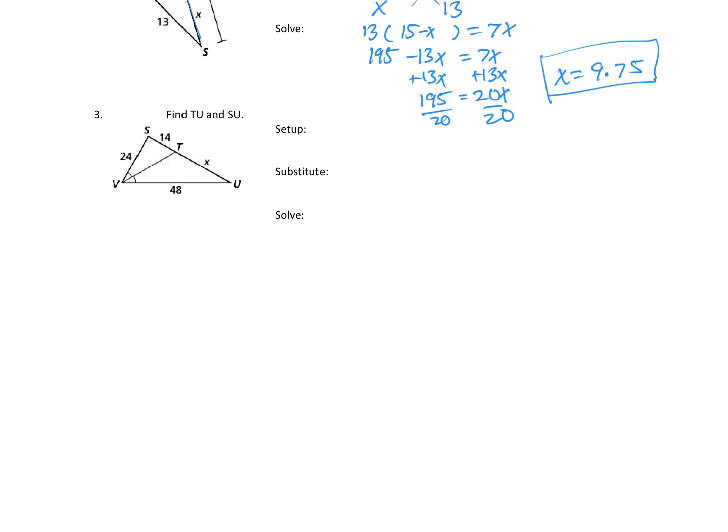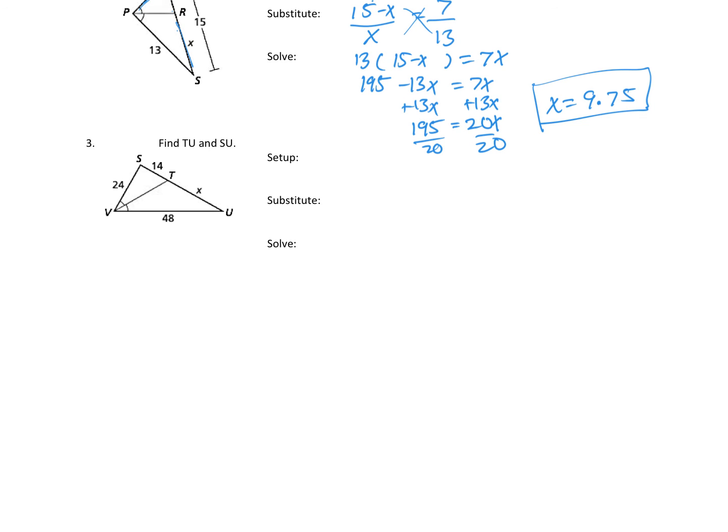Okay, and our very last one, set this up here. ST over TU is equal to SV over VU. Substitute. That gives us 14 over x equals 24 over 48. We'll cross multiply, and we get 672 equals 24x.